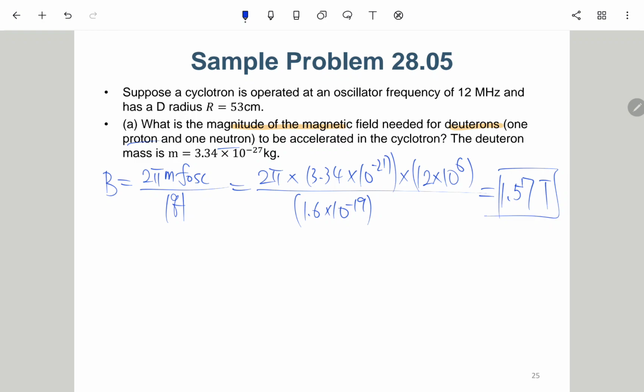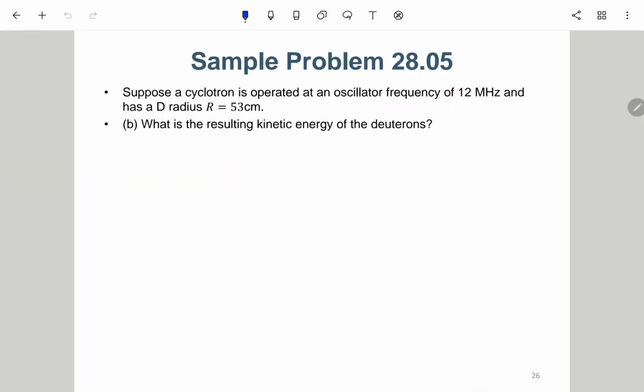Okay, for part B, what is the resulting kinetic energy of the deuteron? First of all, we can find v. R equals mv over qB, so we move the terms other than v to one side and get the expression of v.